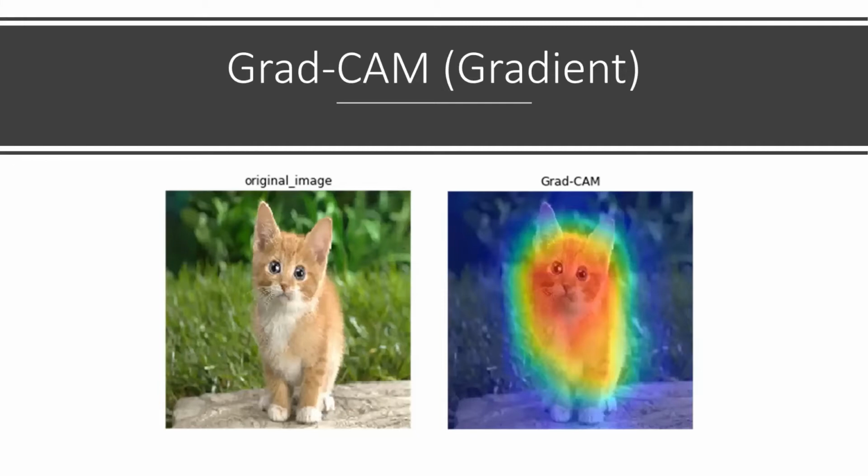For example, let's consider the input image here is a cat, and it computes the gradients which contributed to the final prediction, and it then generates a heat map as shown in the right hand side diagram. Well, now I will give you a live demo of saliency map as well as GradCam. So let's switch to the live demo.